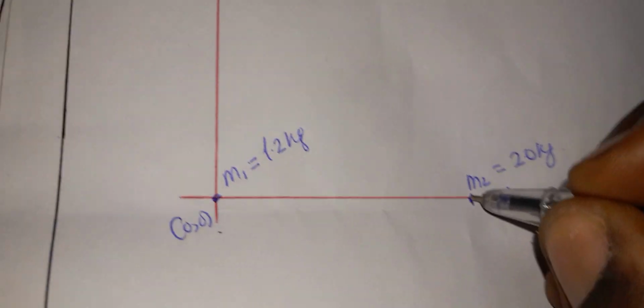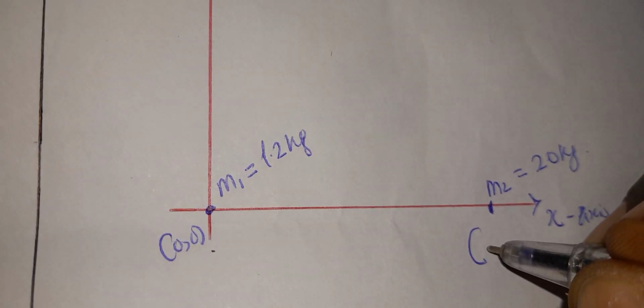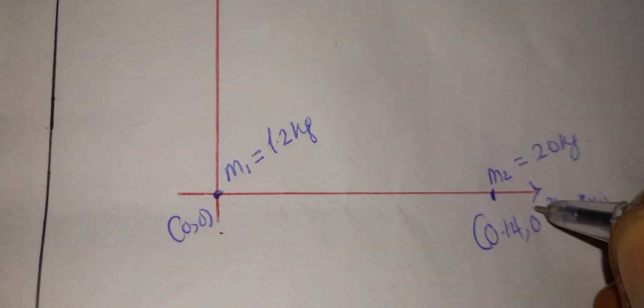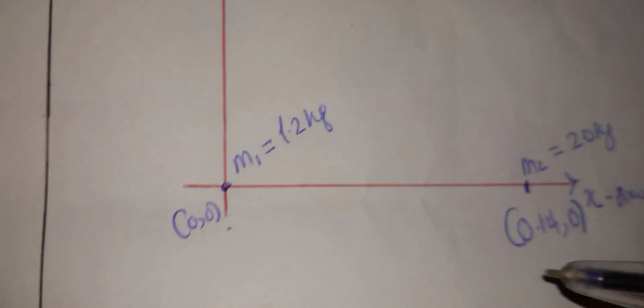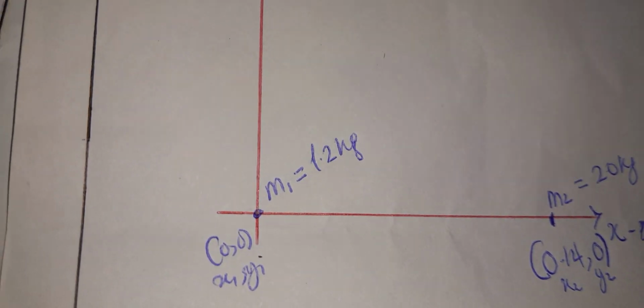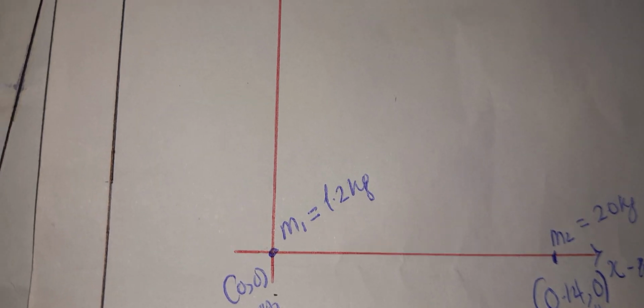So at this point, my x coordinate is 0.14 and my y is 0. So this is x2, y2, and this is x1, y1. All right, let's say M3 is here, and it is 3 kg.